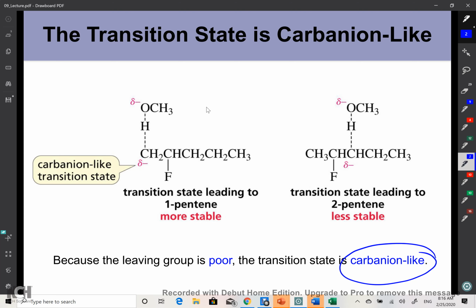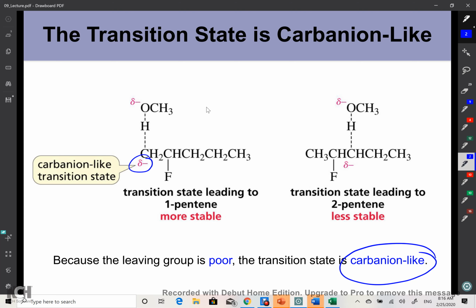So that's why the less substituted alkene will be preferentially formed over the more substituted one, because of that negative charge. Remember, I said carbanions tend to have the opposite effect from carbocations, meaning that a primary carbanion is more stable than a secondary carbanion. Does that make sense?